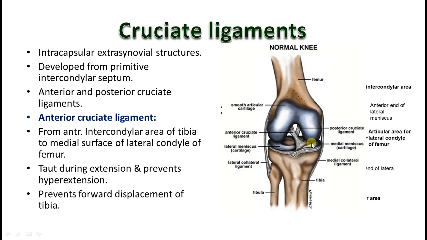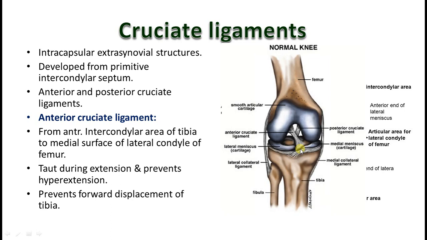Okay, that is about the anterior cruciate ligament. It prevents the forward displacement of the tibia, so the tibia doesn't dislocate forward, and at the same time it prevents the backward displacement of the femur. See how it is holding. It is pulling the femur forward so that it doesn't get displaced backwards.